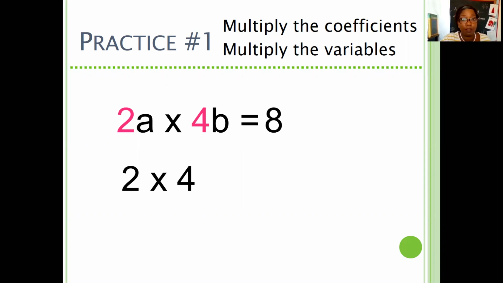So what are your variables? A and B. So A times B is AB. So our final answer is 8AB. 2 times 4, 8. A times B, AB.